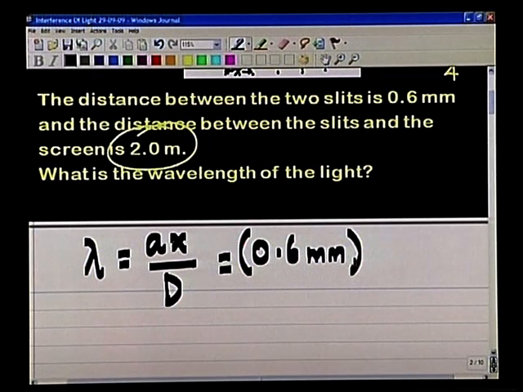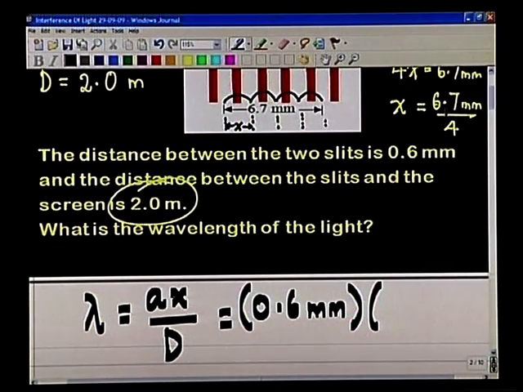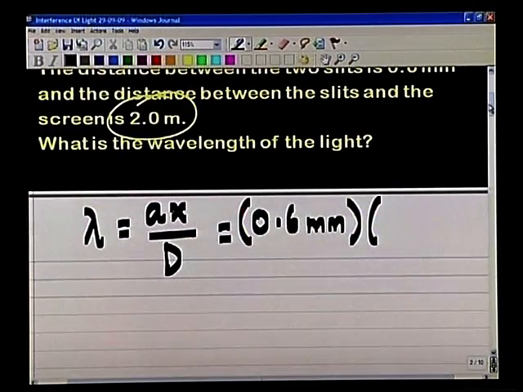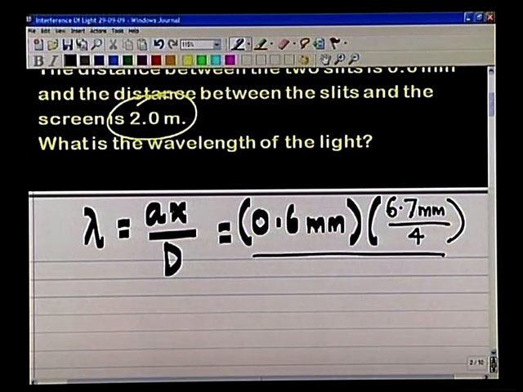Okay, 0.6 multiplied by x. x is, look at here, what did I get? 6.7 mm divided by 4. Okay, and what do I have? Divided by D. D is 2.0 meters.